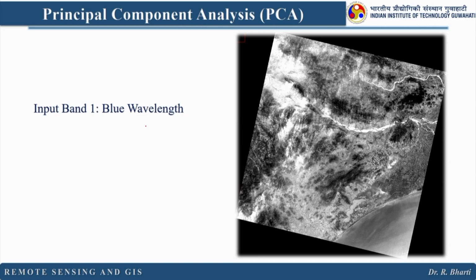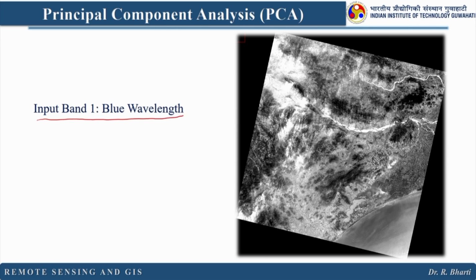Now let us see the effect of PCA on the image. In the previous example, I took 4 bands, but here I will be using 6 bands of Landsat data and see how PCA changes this input. Here is the first input band, which is the blue band.